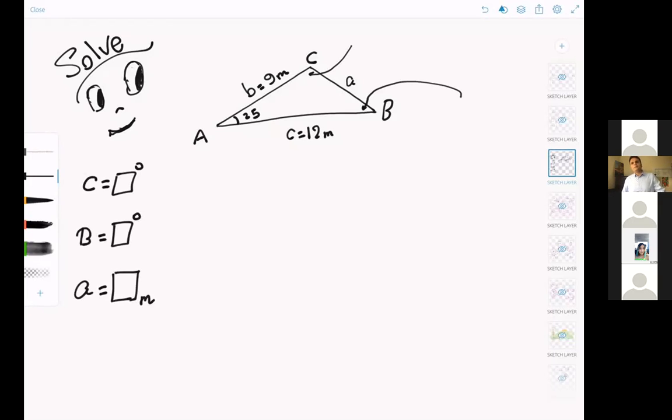Can I use the Pythagorean theorem, Elizabeth? Yeah. What? To find A? Yeah. Elizabeth, how can I use the Pythagorean theorem here?